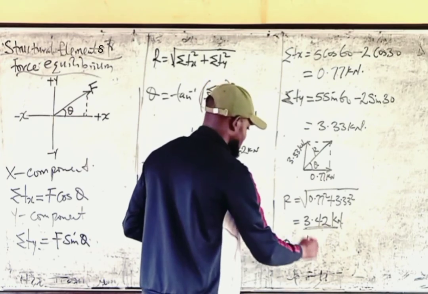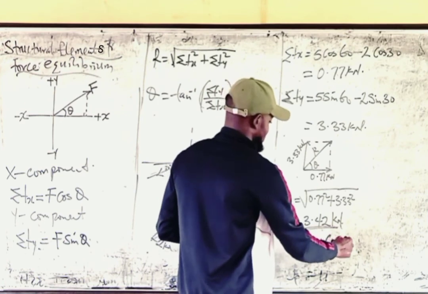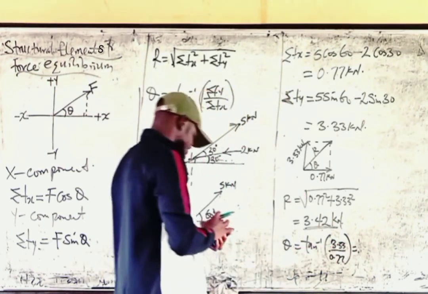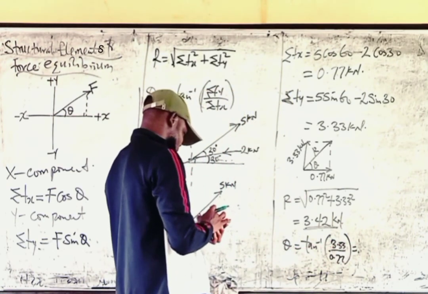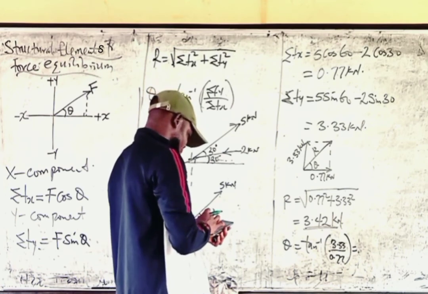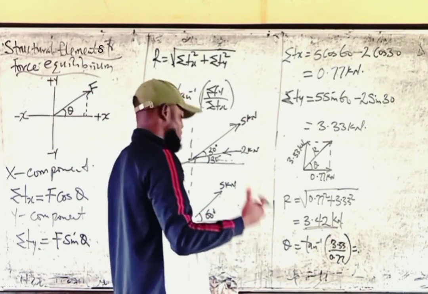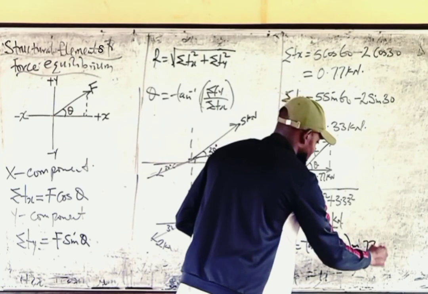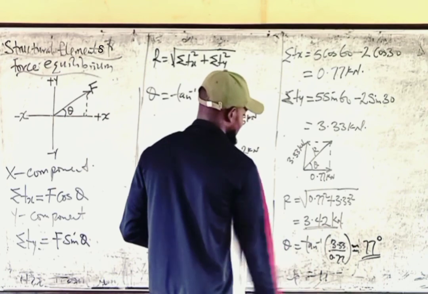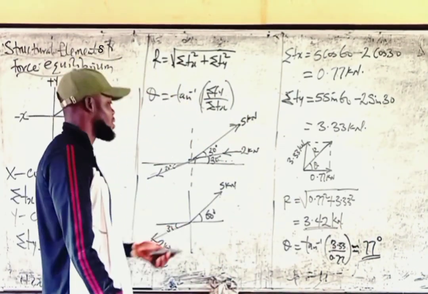The theta will be equal to the tan inverse of y 3.33 over x 0.77. So let's check what I'm going to have here. Tan inverse of 3.33 divided by 0.77, I'm having 76.89, that's approximately 77 degrees. So our resultant is still 3.42, then the direction is 77 degrees.